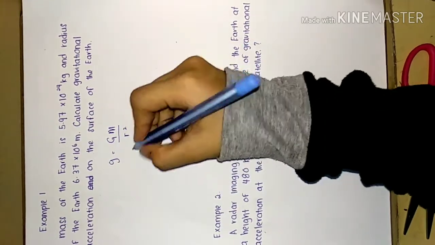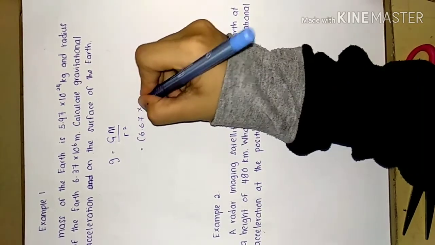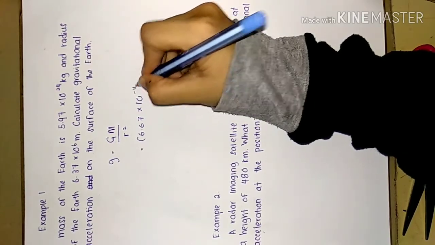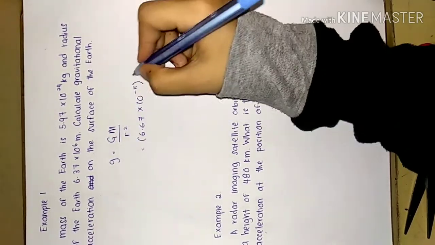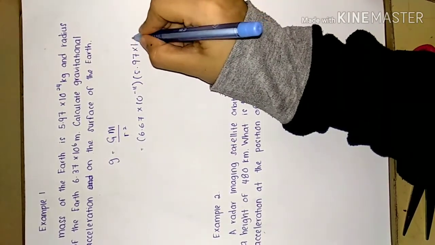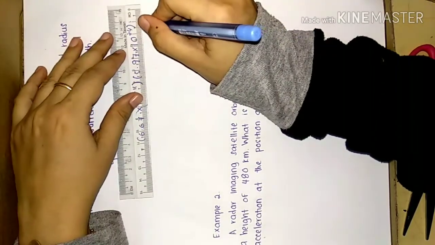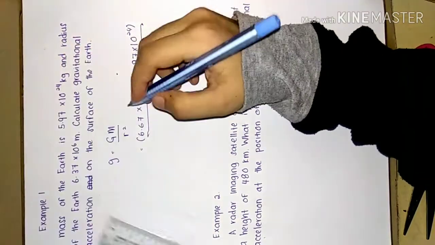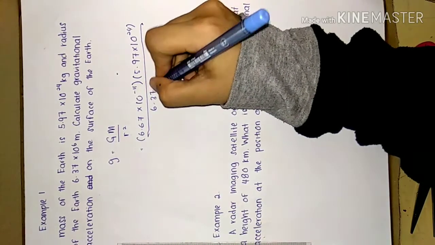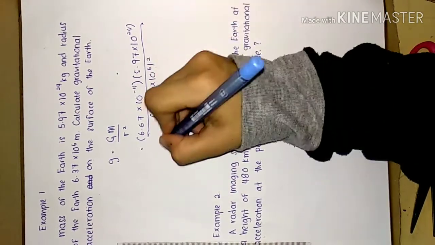G is 6.67 × 10 to the power of negative 11, the mass of the Earth is 5.97 × 10 to the power of 24, and R is 6.37 × 10 to the power of 6, in brackets squared.